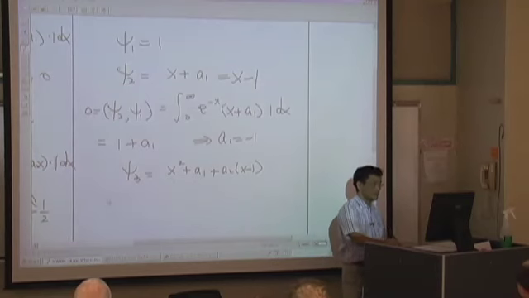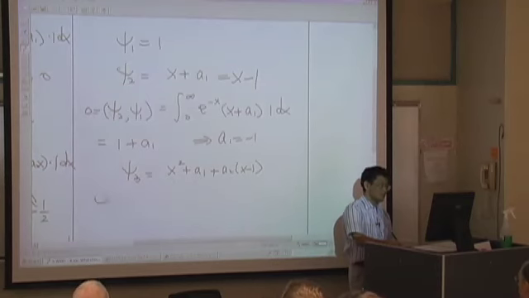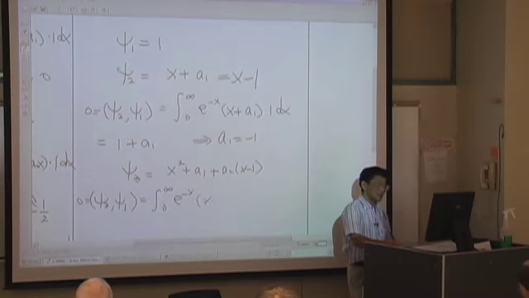Then, by the definition, psi 3, psi 1 should be equal to 0. And this gives us the integral from 0 to infinity of e to the power of minus x, and then x squared plus a1 plus a2 times x minus 1, multiplied by 1, dx.